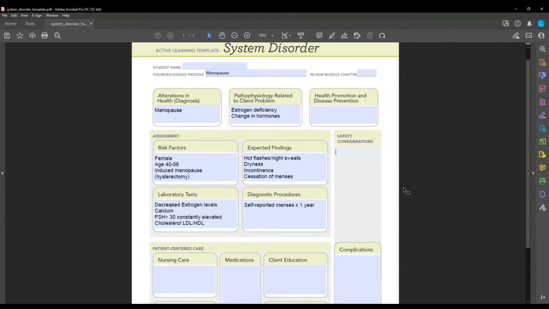For safety considerations, I'm not really looking for complications as much as serious safety problems. Hormone therapy, yeah, Samaya. So with the hormone replacement therapy, the biggest thing that we're going to worry about is the increased risk of blood clots.